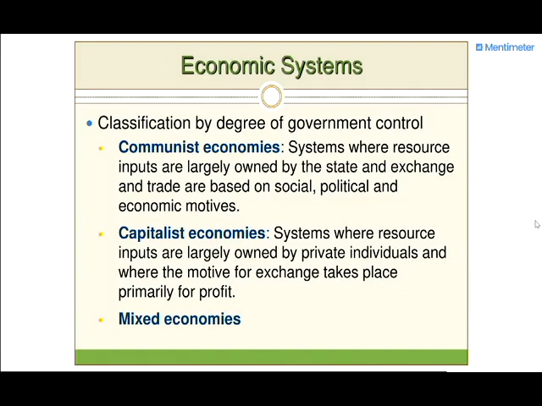Communist economies are where the government controls the economy 100%. It's the only agent in the economy responsible for allocating resources. In capitalist economies, the agents are not governments. It's the businesses and the consumers themselves who make the decisions.